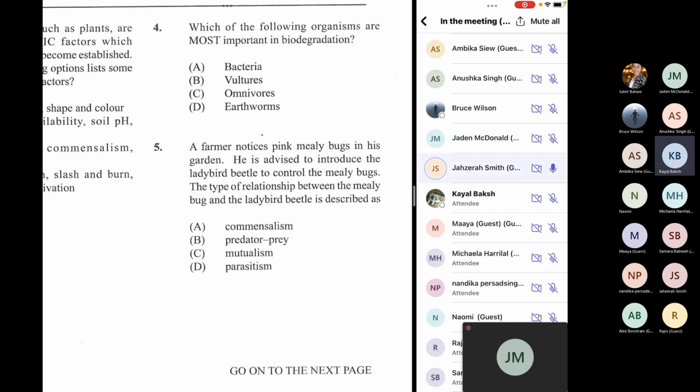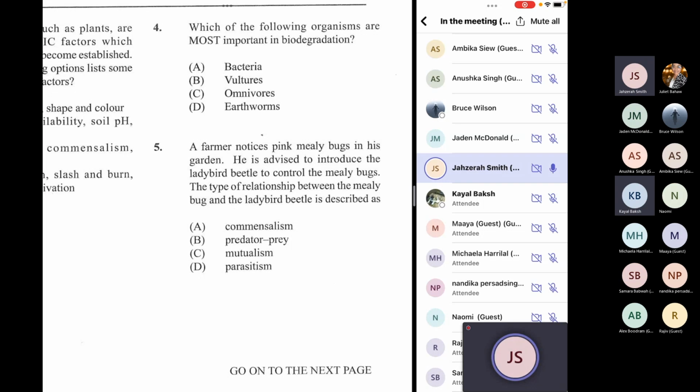Jazera. If a farmer noticed pink mealybugs in his garden, he is advised to introduce the ladybug beetles to control the mealybugs. The type of relationship between the mealybugs and the ladybug beetle is described as, I put A. Okay, so symbiosis. Now remember, if he is introducing the ladybird beetle to control mealybug, that means the ladybird is going to kill and eat the mealybug.